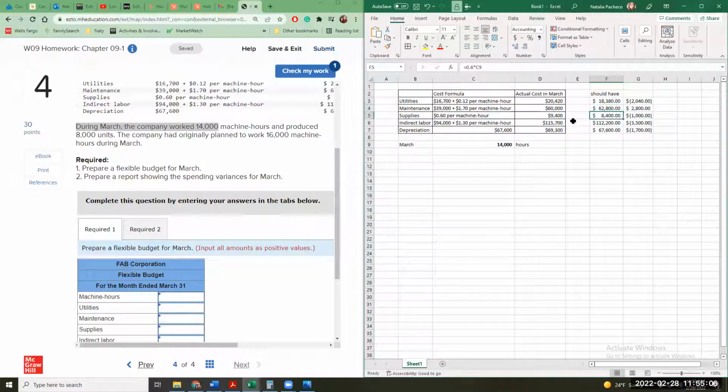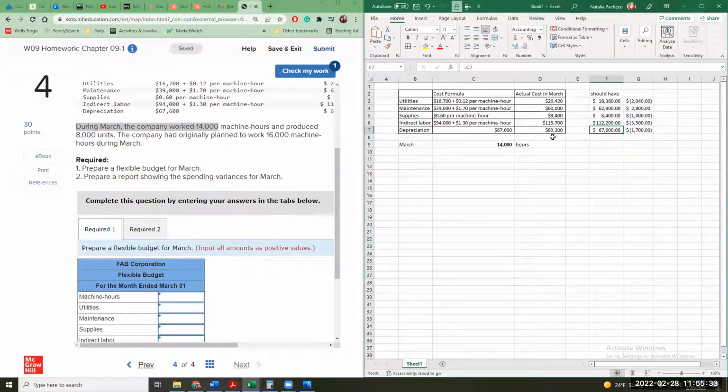The same for maintenance. For supplies, I just multiplied the 60 cents times 14,000. The indirect labor, same, 94,000 plus 1.3 times 14,000 hours. And depreciation, they should have spent 67,600, so I just copied it there.